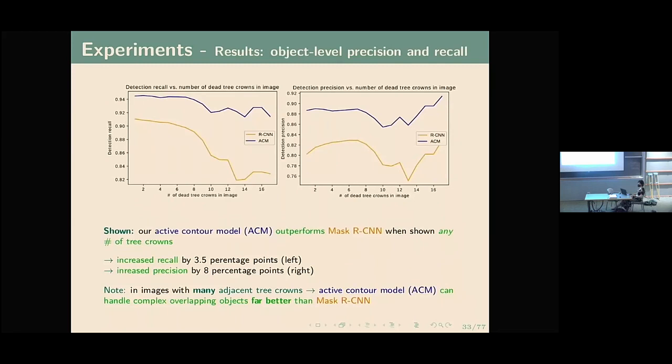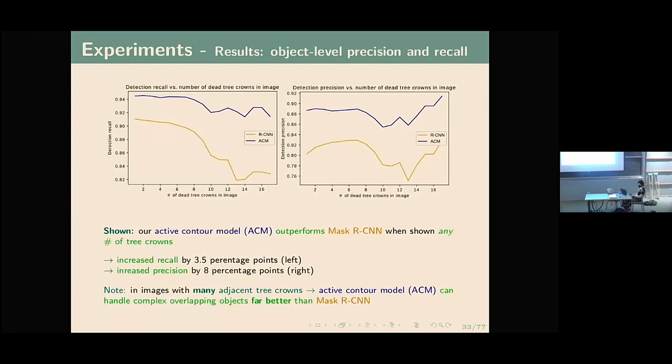Moving on to recall and precision results, let's consider these two respective plots. The x-axis represents the number of dead trees present in the fixed size input image, which can be understood as a measure of complexity of the input, where the y-axis represents recall and precision, respectively, for that particular scene complexity.